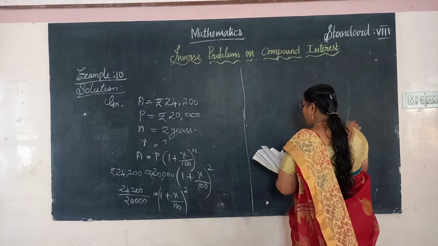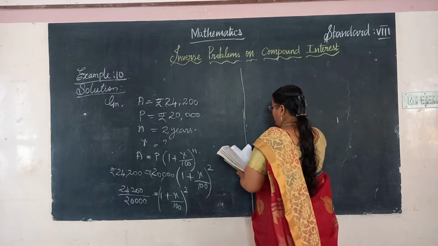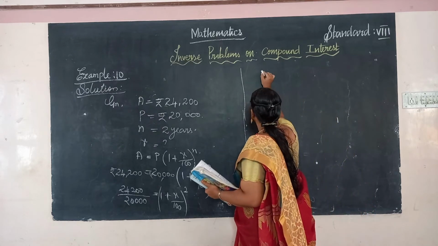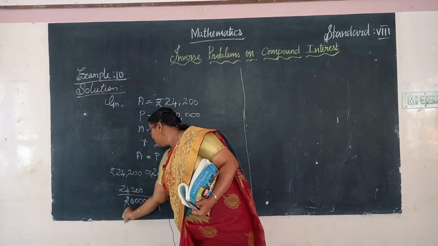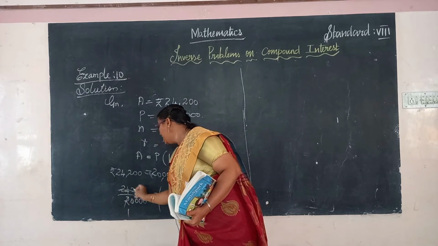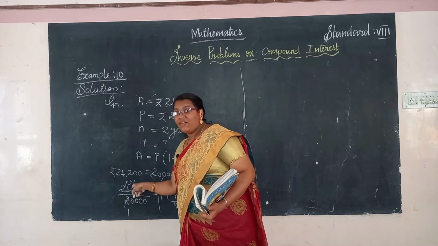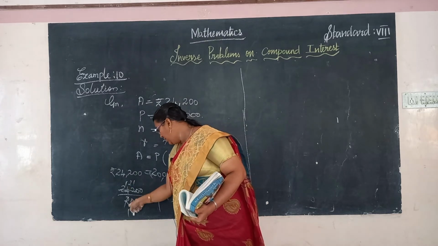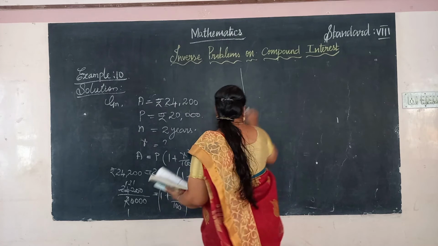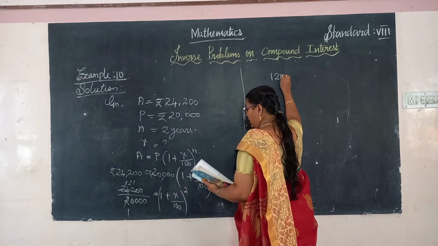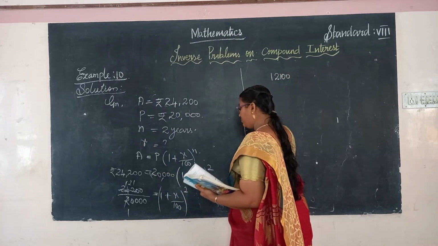We will cancel after we have to find it. Yes, this is the easiest one. First simplify this. 2 twos, 2 ones are here, 1, 2, 1. 121, you know that is 11 square. Here 1. So first simplify, after that write in the powers.